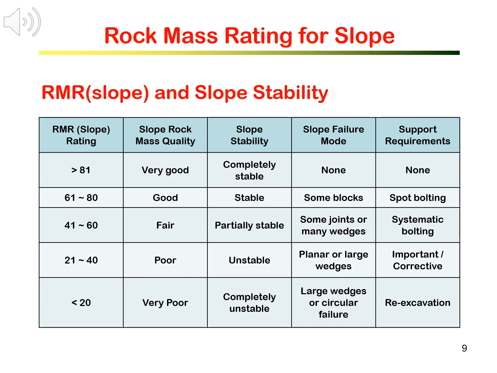The table here shows how the IMR slope values in column 1 give the slope rock mass quality class in column 2. Slope stability in column 3 can be estimated based on the slope IMR.